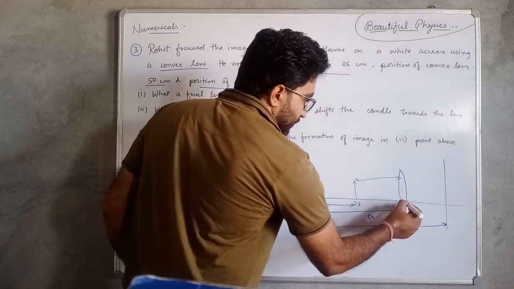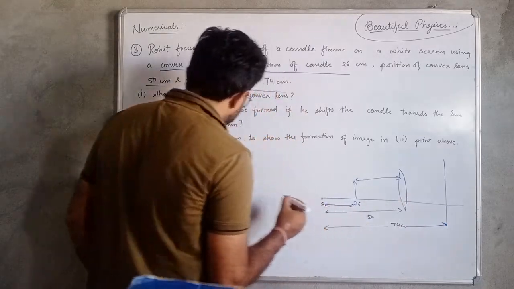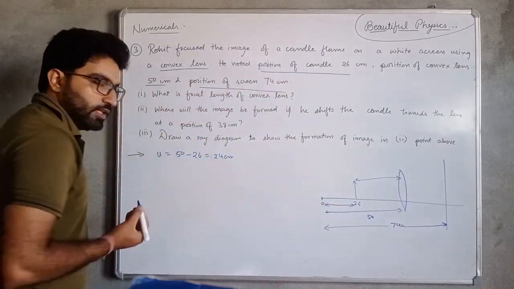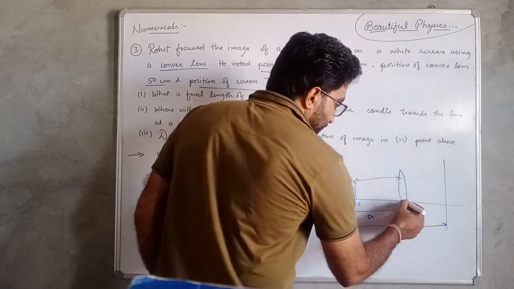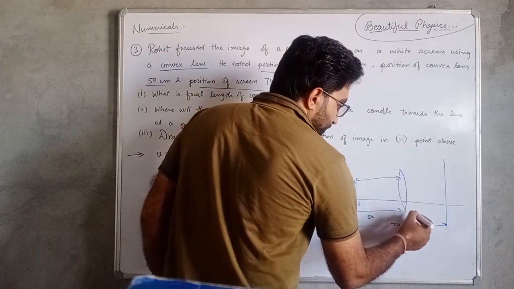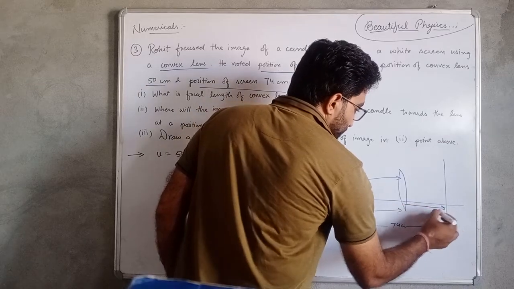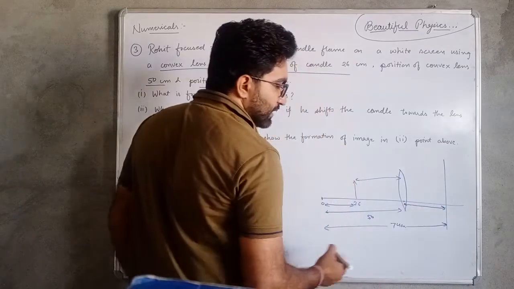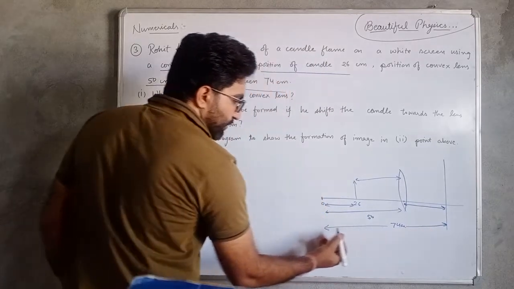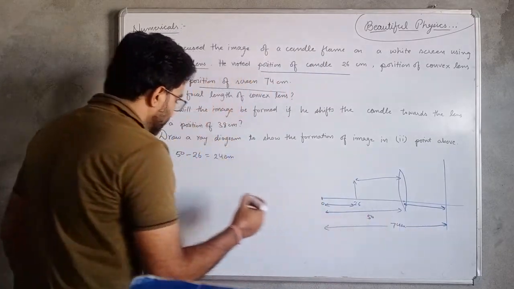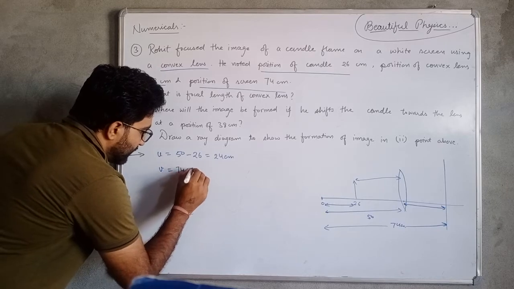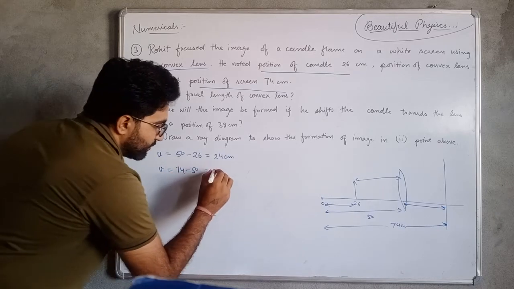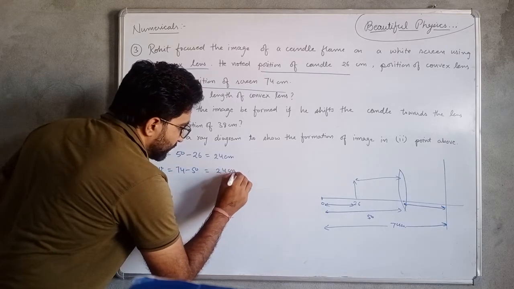As it is on the left side of the optical center, u will always be negative. The image distance we have to find is this distance, and it will be equal to 74 minus 50, which is again 24 centimeter.